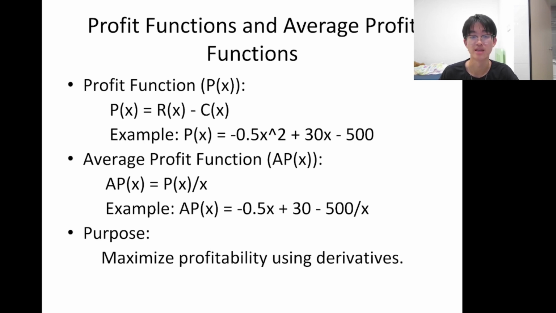Solving this gives x equal to 13, indicating that producing 13 units maximizes the profit. When the derivative of P(x) is bigger than 0, it indicates that increased production increases the profit. And the optimal production level balances these changes to maximize the overall profit.